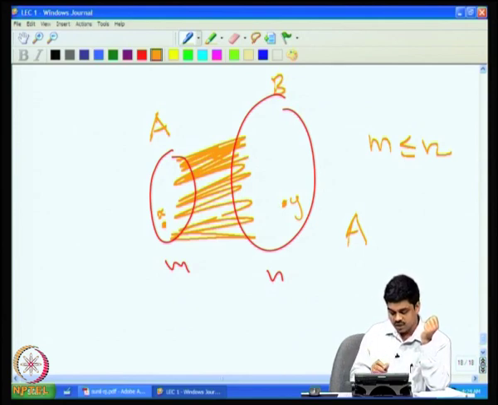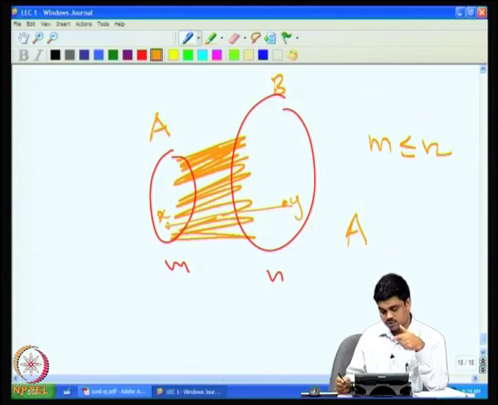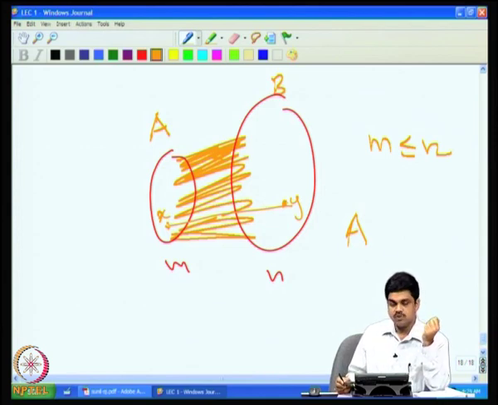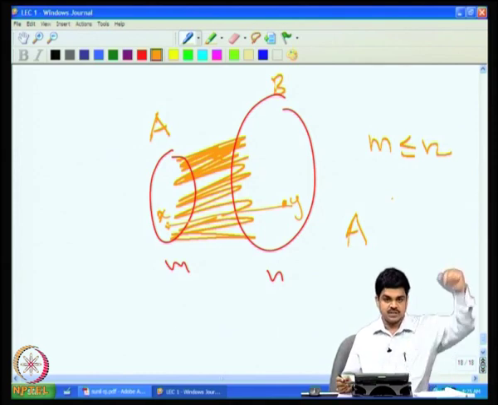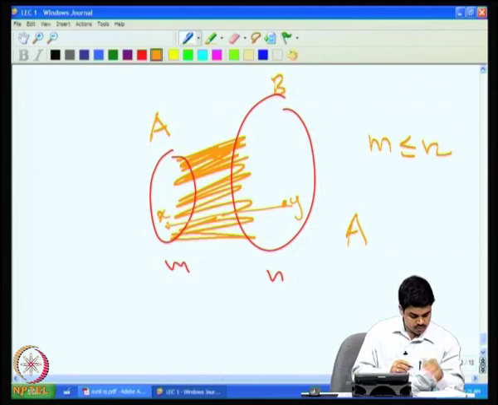Also, because it is a complete bipartite graph, there is an edge between x and y, and who is going to cover that edge? So, it is not possible to cover all the edges of this complete bipartite graph K_{m,n} with less than m vertices.